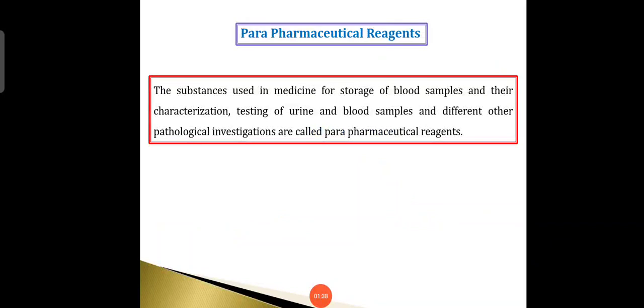The substances used in medicine for storage of blood samples and their characterization, testing of urine and blood samples, and different other pathological investigations are called parapharmaceutical reagents. So, this is the definition for parapharmaceutical reagents.